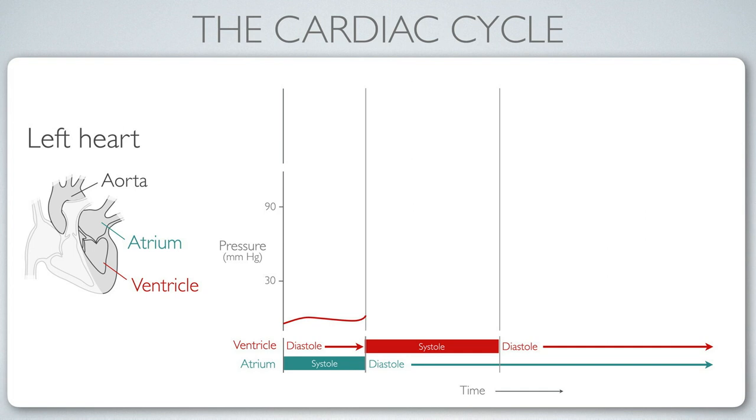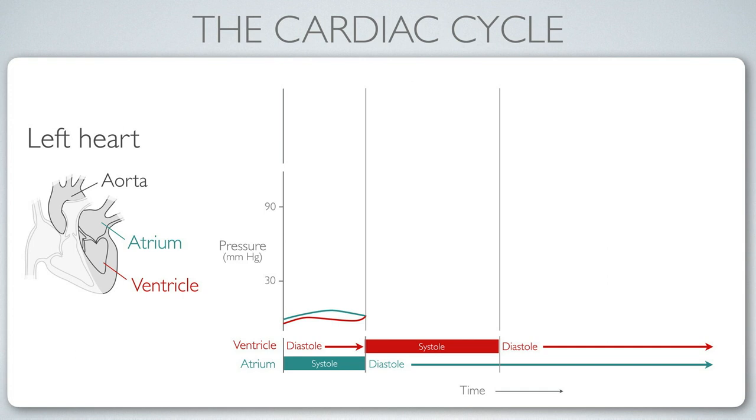The atrial walls are much thinner than the ventricular walls. So the total pressure that can be generated in the atrium, even when the muscles are activated, is not particularly high. So when we look at the pressure in that left atrium, we see it is greater than in the ventricle, but not dramatically greater.